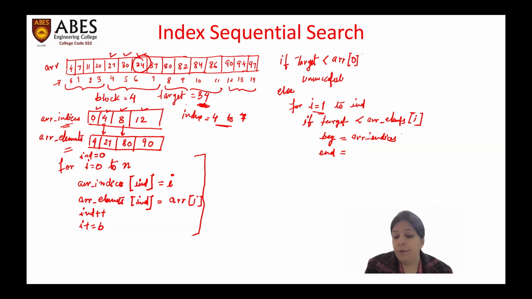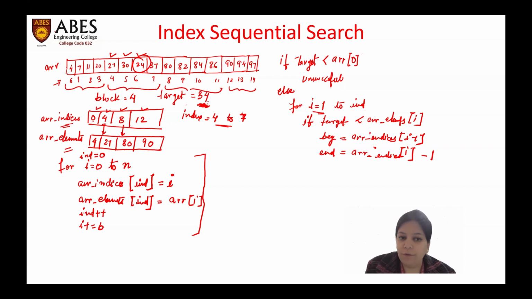The index of the previous block, right? So ARR indices I minus 1. And the end index is going to be ARR indices I. Let us try to understand these two lines a little bit more. Suppose we are searching for 34, right?